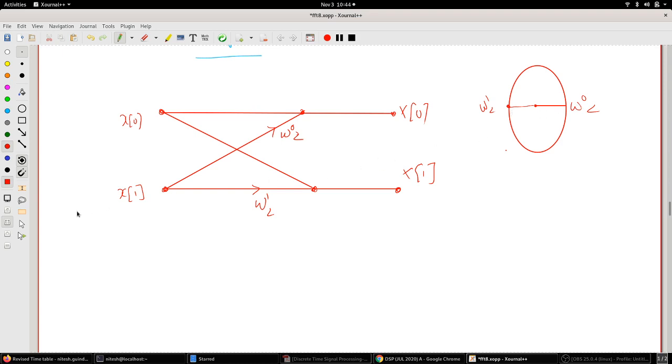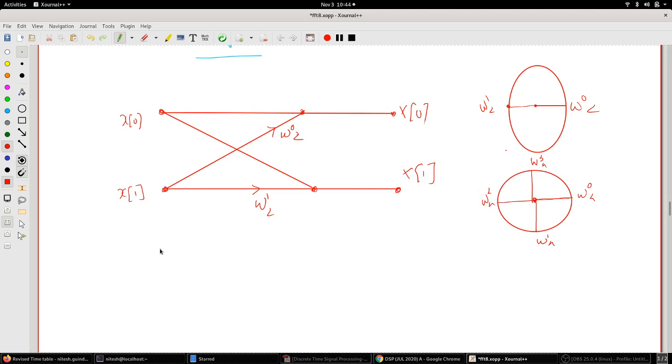If I have to draw W0 of 4 on a circle, it will look like this: this will be W0 of 4, this will be W1 of 4, this will be W2 of 4, and this will be W3 of 4, right? This is how it looks. So if you see, for every W there is a W on the other side.